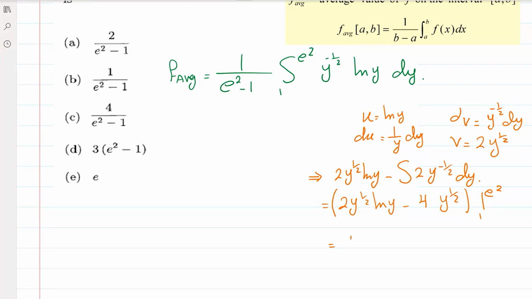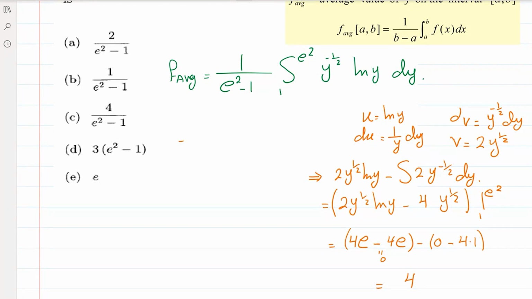So it will be 4e minus 4 times e square power half, which is 4e. So 4e minus 4e will be 0. Minus substitution of the lower bound: ln 1 is 0, so all of this will be 0. So 0 minus 4 times 1. Now the final answer will be 0 minus 4, so it will be minus 4.